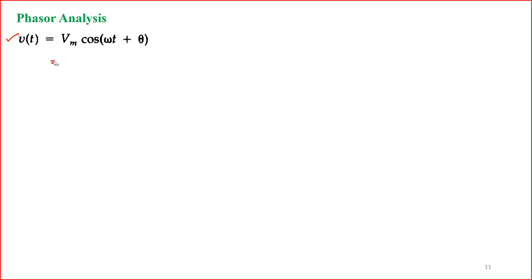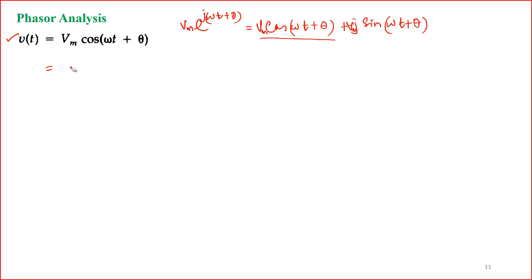Because we know that in the exponential form, e to the power j(omega t plus theta) can be written as cos(omega t plus theta) plus j sin(omega t plus theta), right? Now if I multiply here by Vm, this will also be Vm. So Vm cos(omega t plus theta) I can write as the real part of Vm e to the power j(omega t plus theta).